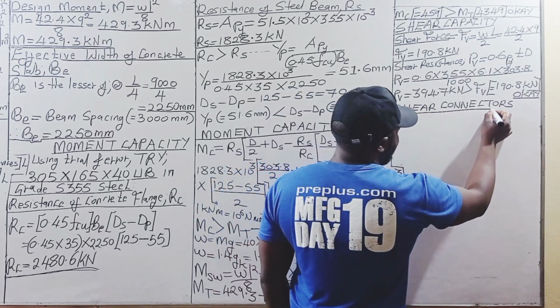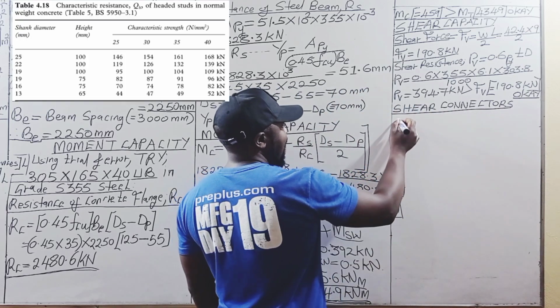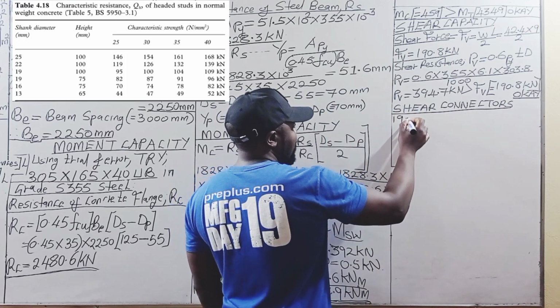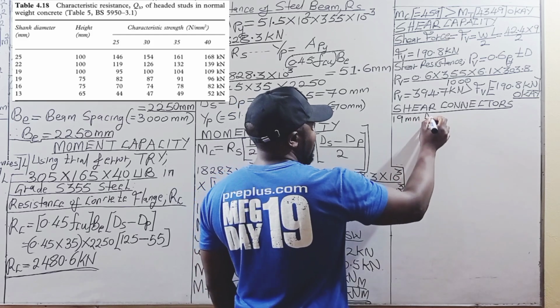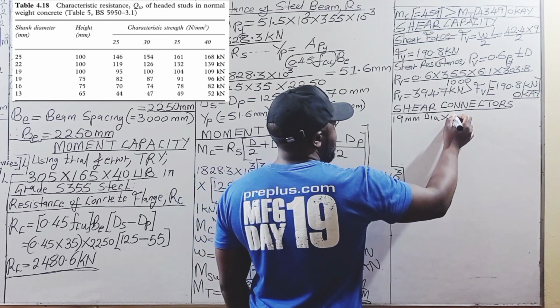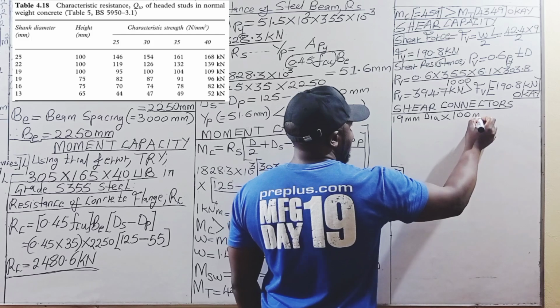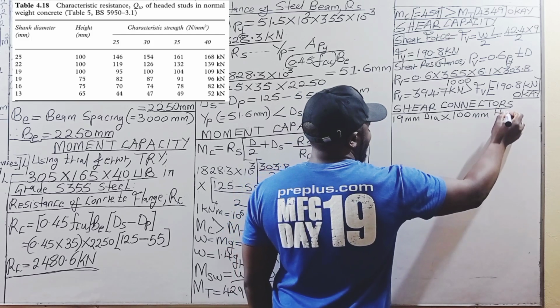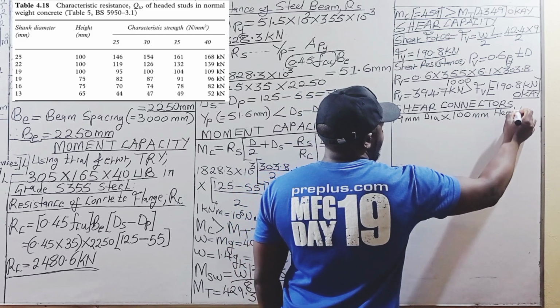And under shear connectors, we are going to assume headed studs of 19 millimeters shank diameter by 100 millimeters height studs.